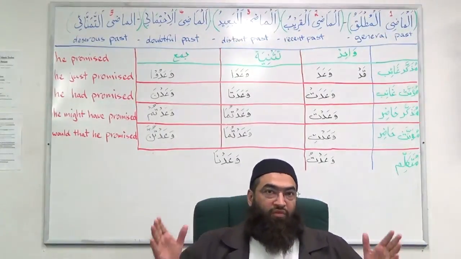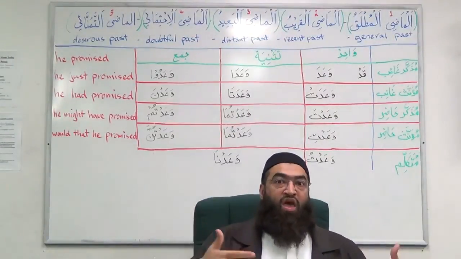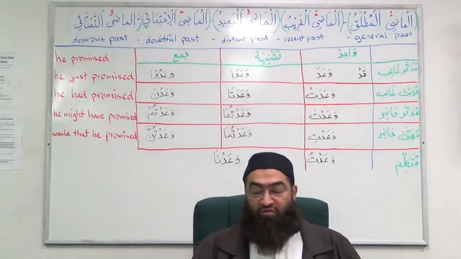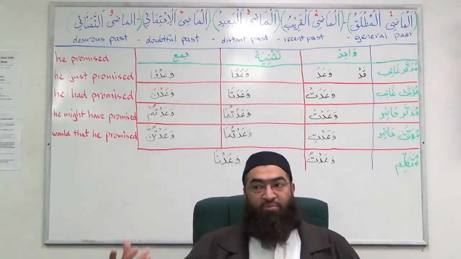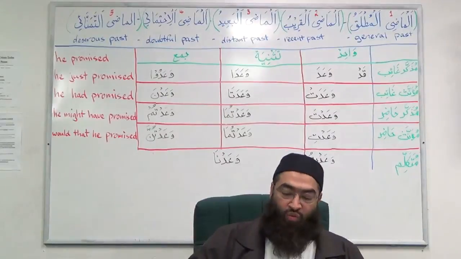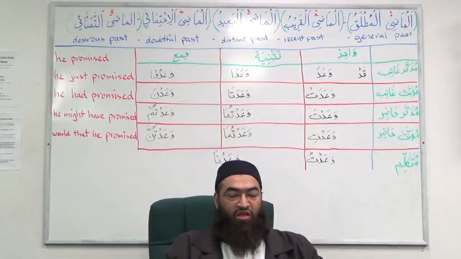So now there was just the fi'l madi, and now we have two additional verb forms. When the qad comes on, it becomes al-madi qareeb, and when the kana comes, it becomes madi ba'id.